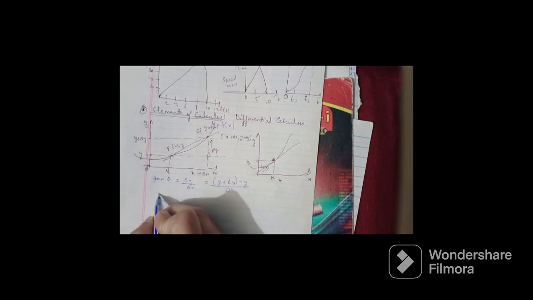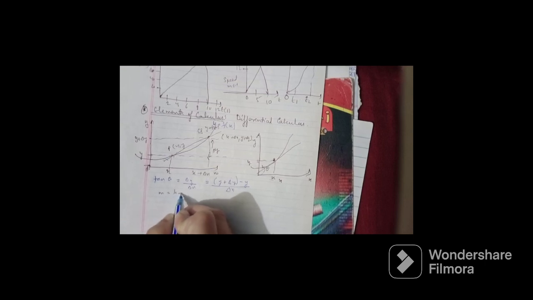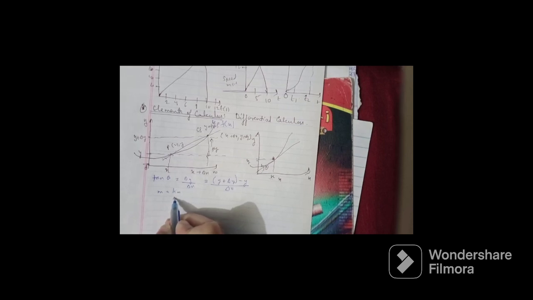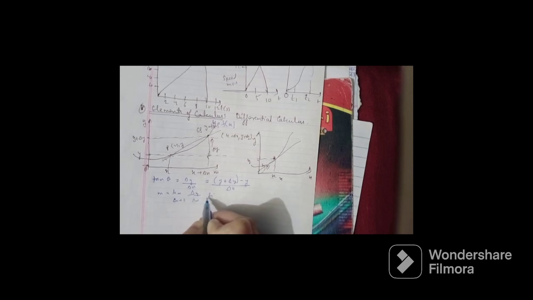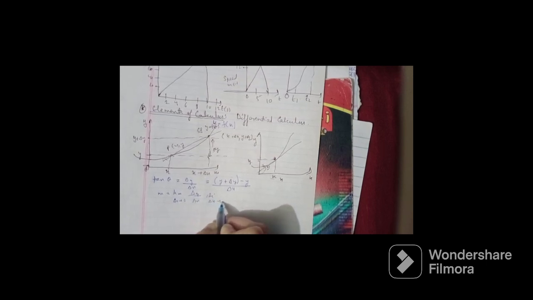You can see that this line becomes a tangent to the curve at point P, which means that tan theta approaches the slope of the tangent at P, denoted by m, which equals the limit as delta x tends to 0 of delta y by delta x.